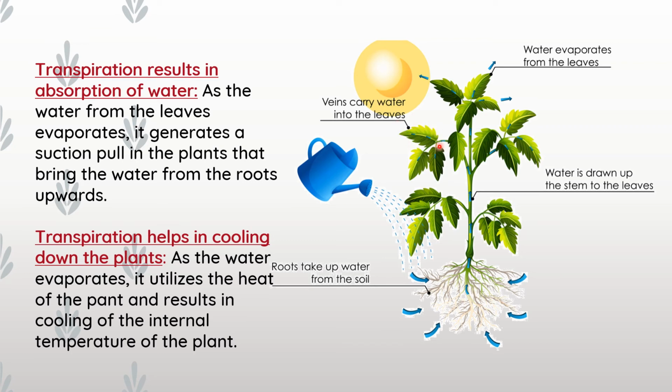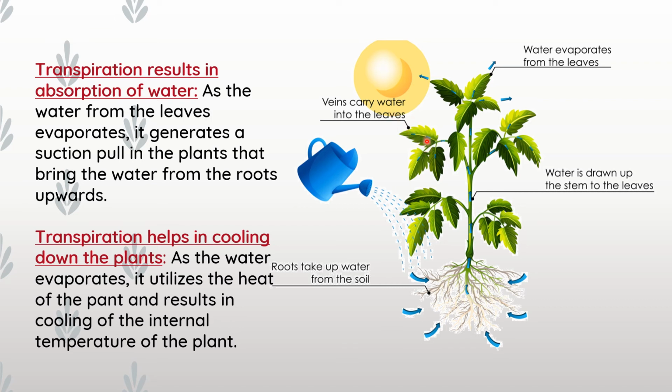When this water evaporates or transpires out, the water can enter through the root very easily, like when you drink a juice through a straw. Here is the suction pull.